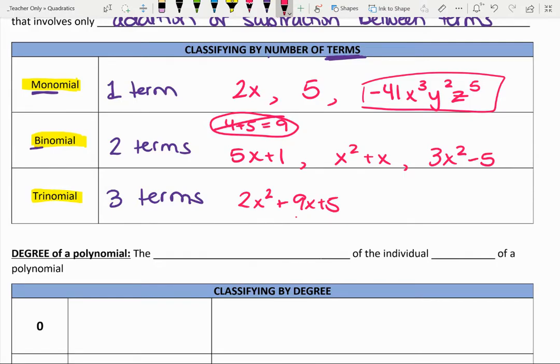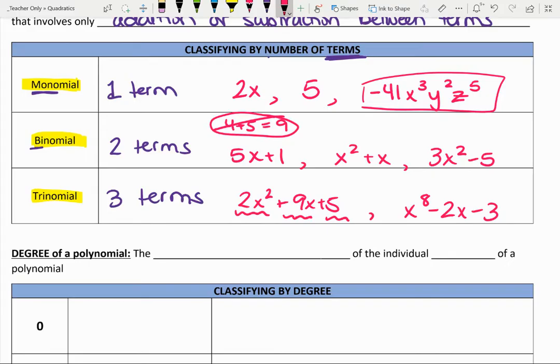None of those pieces are like terms. There's three pieces combined by addition or subtraction, just addition in this case. We could also have something like x to the 8th minus 2x minus 3. Again, as long as there's three of them and they are not like terms.